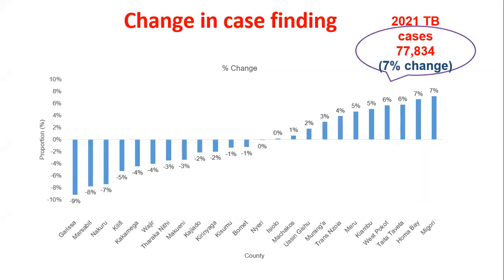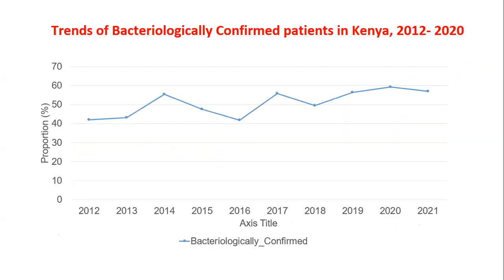There are other counties that were not affected. For example, Nyeri and Isiolo did not change in terms of TB case notification. So they posted a similar number of patients as the previous year.